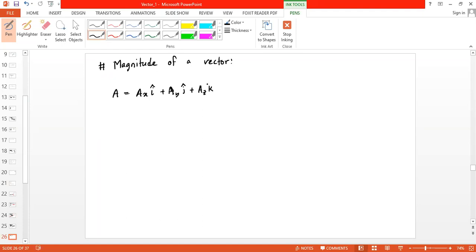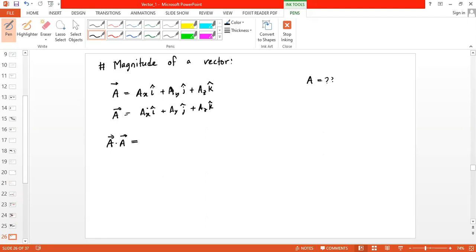This is my vector A. And what I want to do, I want to find the value of magnitude of A. So for that, I'll be taking the dot product of A with A, A dot A. So A dot A is basically the vector A, axi plus ayj plus azk, dotted with itself.